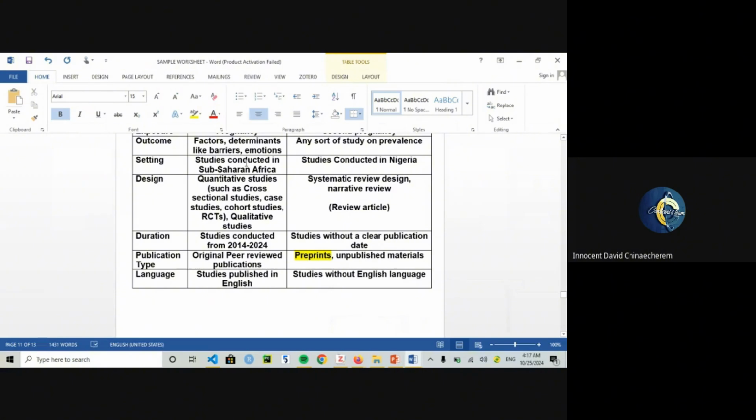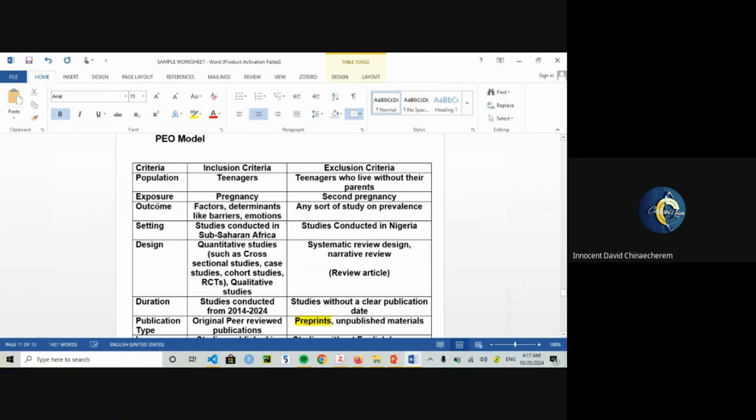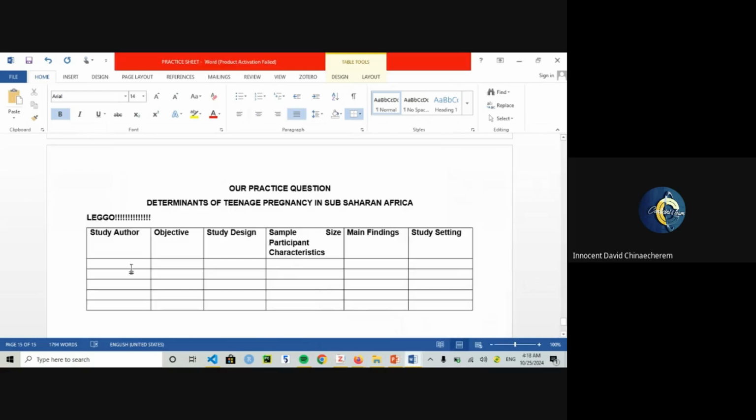In terms of outcomes, that's going to relate to my findings, and the population is going to go to my sample size and participant characteristics, as well as exposure. Then, in terms of duration, I already said it's going to be from 2014 to 2024. So in my study author and date, I must make sure that all the articles I'm going to extract are within the stipulated inclusion and exclusion criteria.